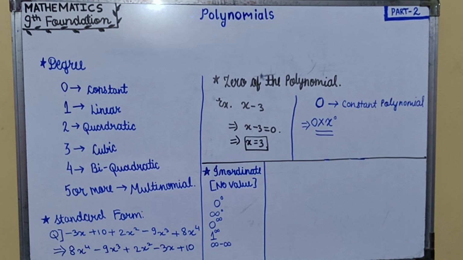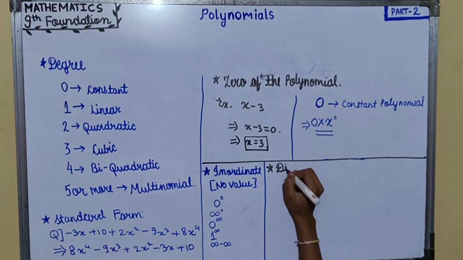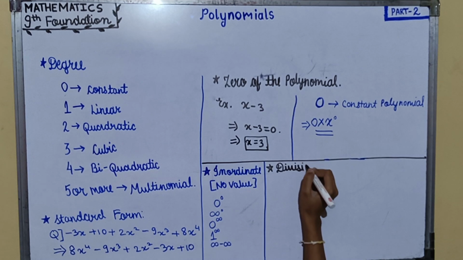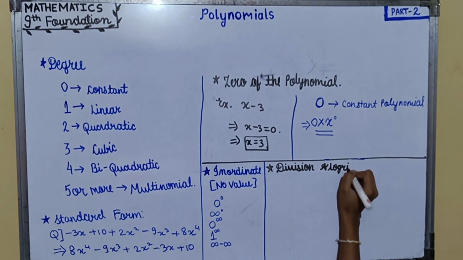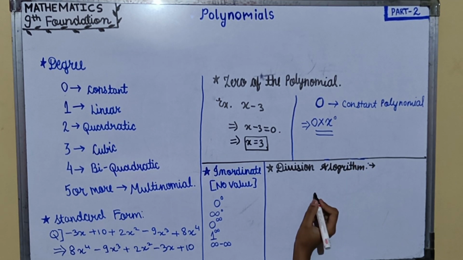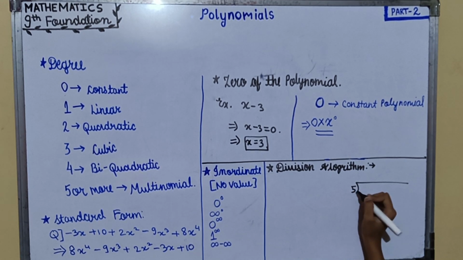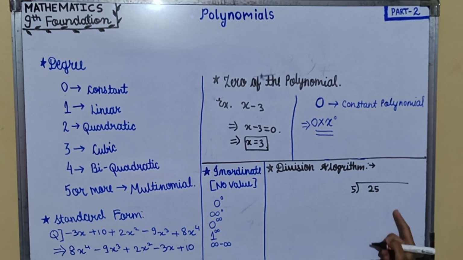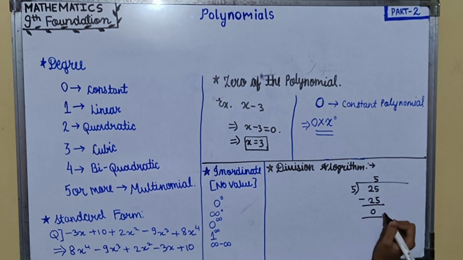Then there is division algorithm. Important, that is division algorithm. While dividing, for example, I am dividing 25 by 5. It will be written like this in the form of division. 5 5s are 25. We'll subtract them and we'll get 0 as remainder.